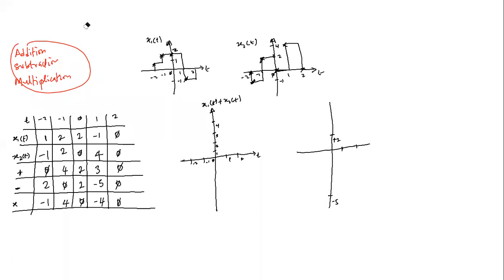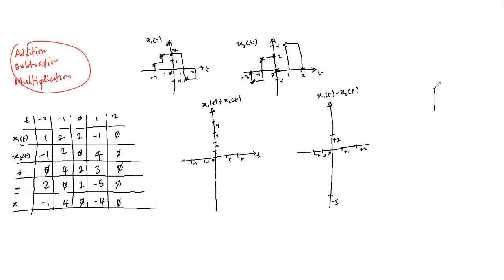So this is positive 1. And this is positive 2. This is negative 1. This is the origin. So this is negative 1. And then this is negative 2. So we're going to be using this to perform the subtraction operation.